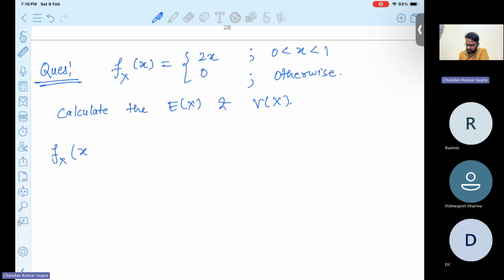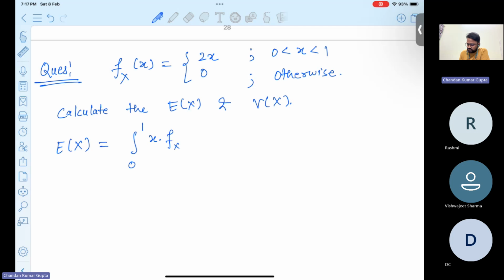So the expectation of X is defined like this. Since the PDF is nonzero only from 0 to 1, the rest is 0, so I'm directly writing it from 0 to 1.